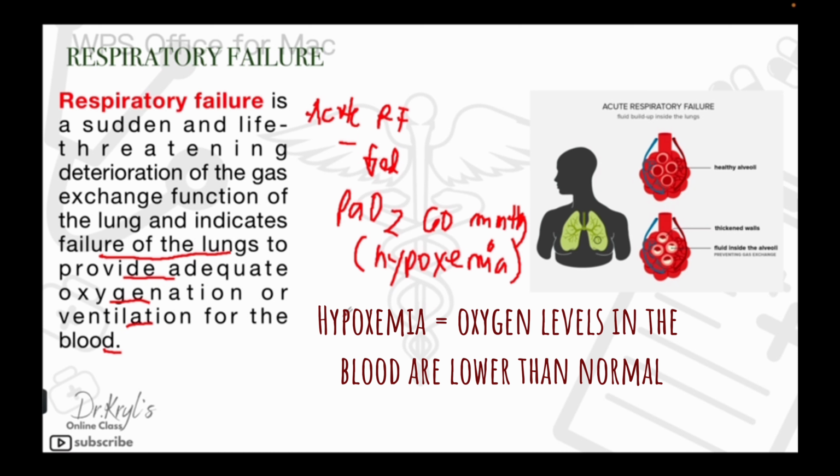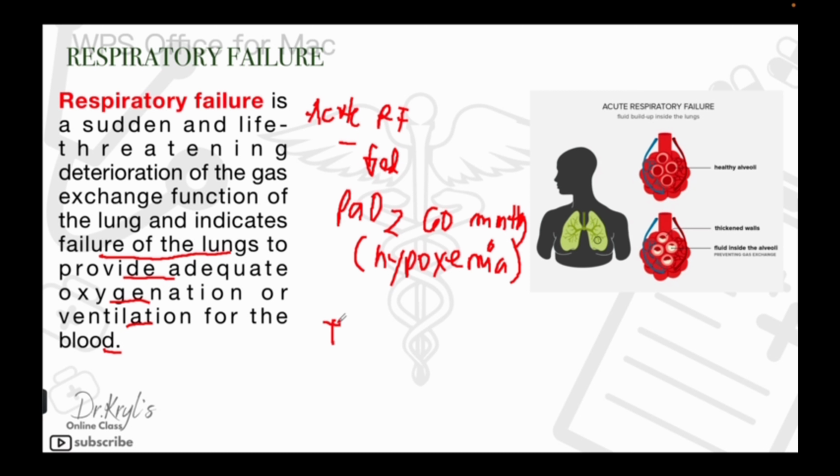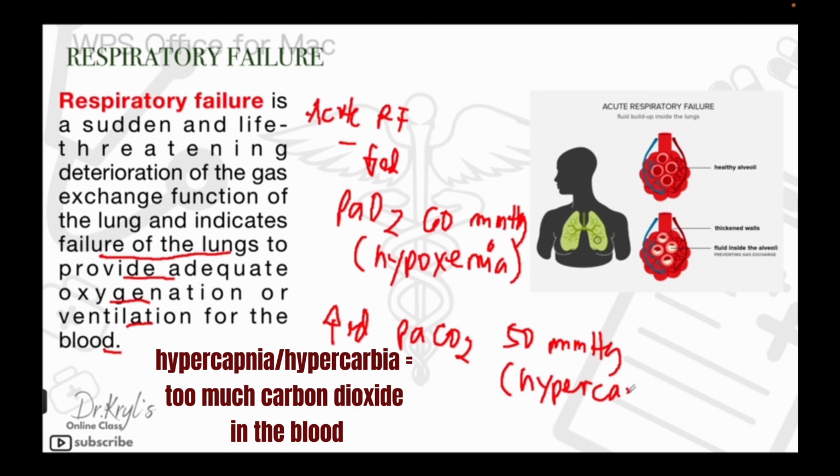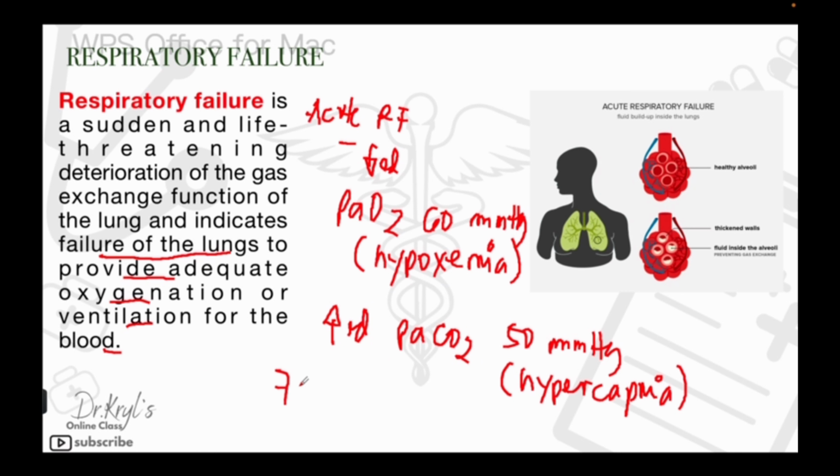And also in acute respiratory failure, there is an increase in arterial carbon dioxide tension, greater than 50 millimeter mercury, or when we observe that the patient already has hypercapnia. Okay? And with arterial pH of less than 7.35. So, that is considered acute respiratory failure.